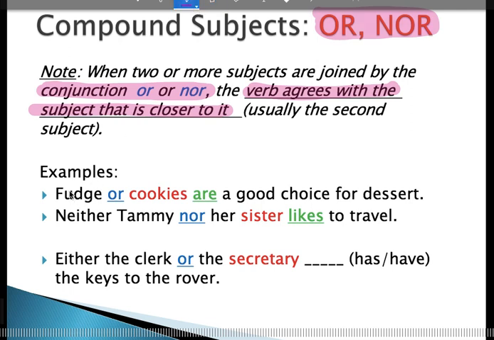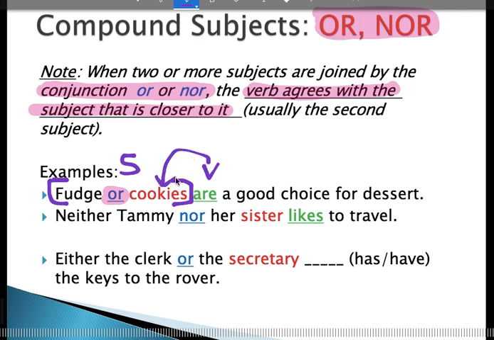So our first one, fudge or cookies are a good choice for dessert. So are is our verb. Fudge or cookies. What are? Well, fudge or cookies are. So that's our subject, fudge or cookies. Because we have this word or, we are only looking at the subject that is closer to the verb. Which word is closer to our verb?